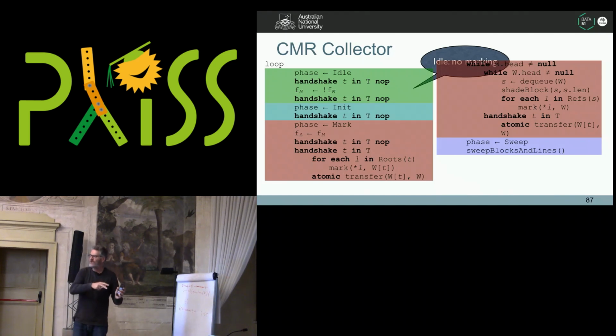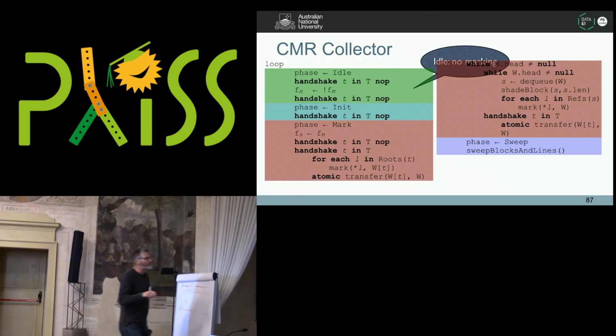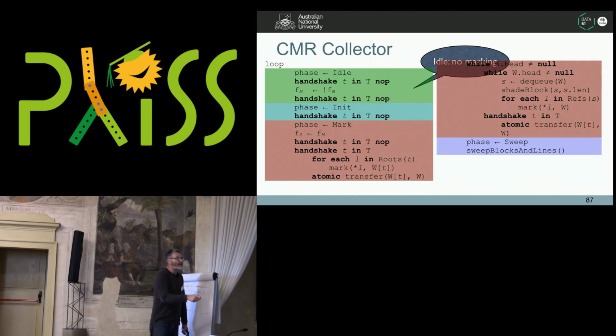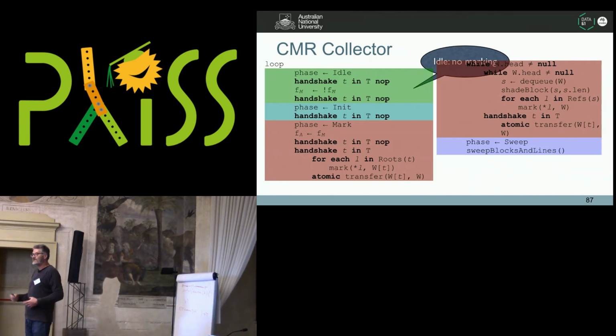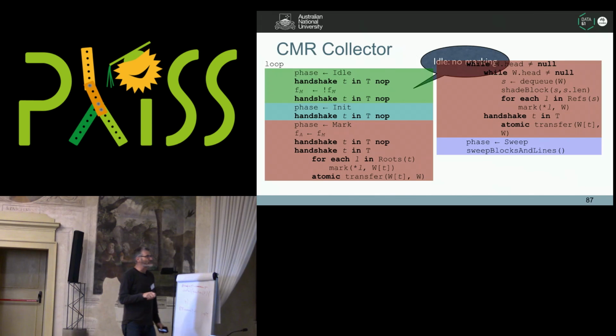We freed up the white ones and the black ones we converted to white because they're now hypothetical garbage for the next GC phase. Well, here we're going to simply do that by flipping the sense of a global variable. So we don't have to scan through the heap and change all those flags. All we're going to do is flip the sense of this global variable. But we again have to handshake to inform the mutator threads that this change has occurred and to make sure that whenever they read that global variable, they see the new value of it. Because the handshake again has a fence to ensure that that value hits memory.